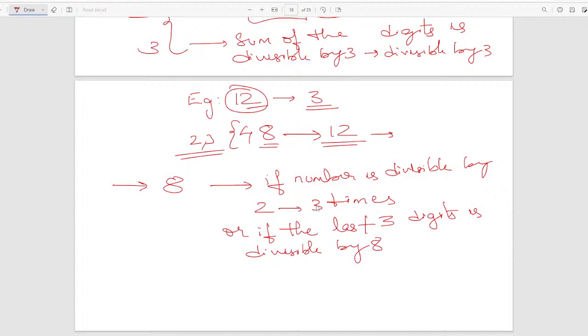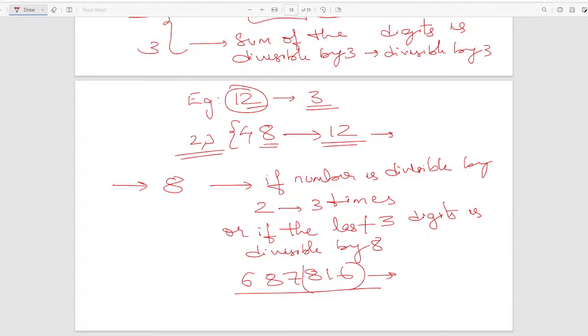For example, 687816. Here the last 3 digits are divisible by 8, so this is divisible by 8. It's a whole number, 687,816. So this is the rule for 8.